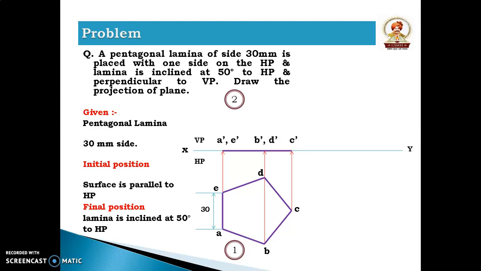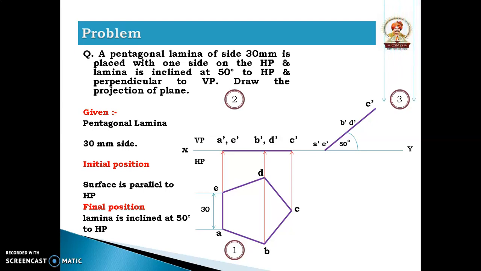Then draw the line at an angle 50 degree above HP and shift all the distances of previous front view, that is from step 2, and name it A dash, B dash, C dash, D dash, E dash. Hence, it is the front view of final stage, that is step number 3.